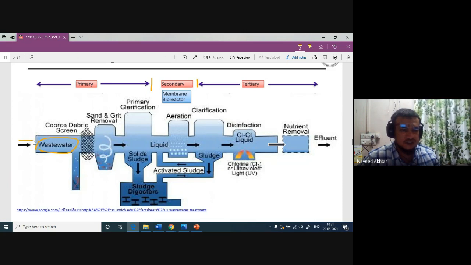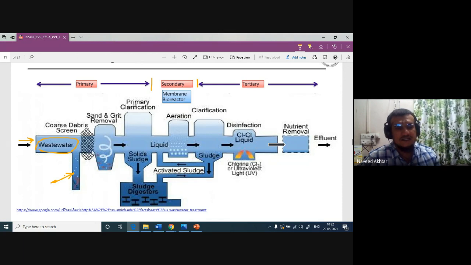The wastewater enters, and screening of the debris is done. After screening, the large particles, plastics or other metals are collected here.